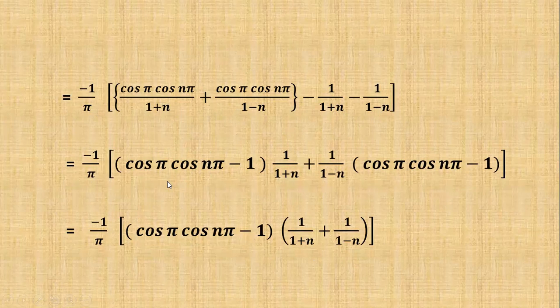So here, take 1 by 1 plus n common, we get cos pi into cos n pi minus 1, plus 1 by 1 minus n common, then cos pi into cos n pi minus 1. Therefore, from two terms, taking cos pi cos n pi minus 1 common, we get 1 by 1 plus n plus 1 by 1 minus n.